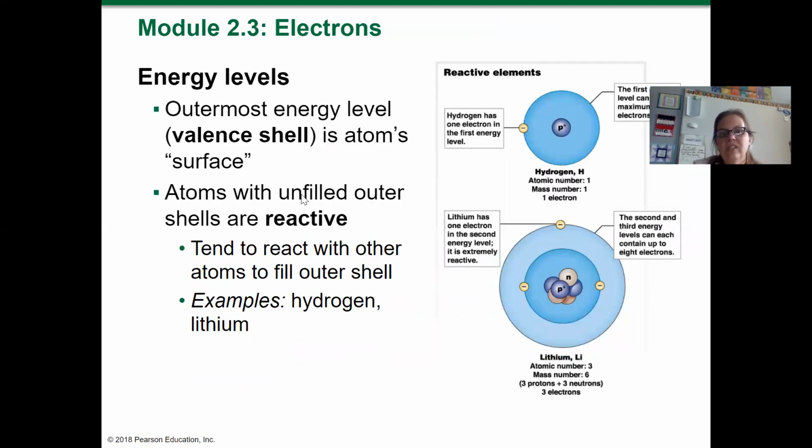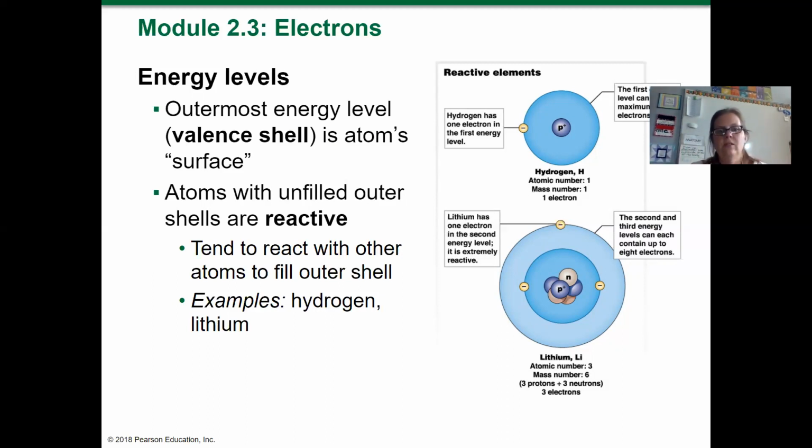The outermost level is the valence shell. You probably remember that. Those are the ones that do the most reacting, either sharing, losing, or gaining. Atoms with unfilled outer shells are reactive. When I used to teach chemistry, I used to say, think of a hotel, with 4 rooms being the orbitals, and you fill the rooms one at a time.